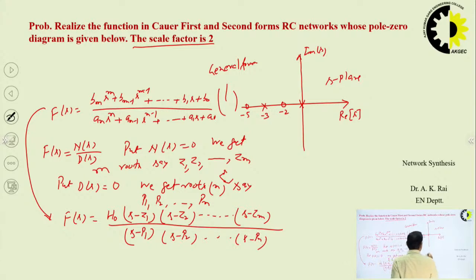So, this H0 is nothing but the ratio of Bm upon An, and it is known as the scale factor.